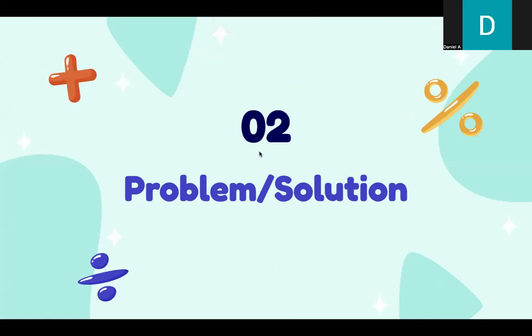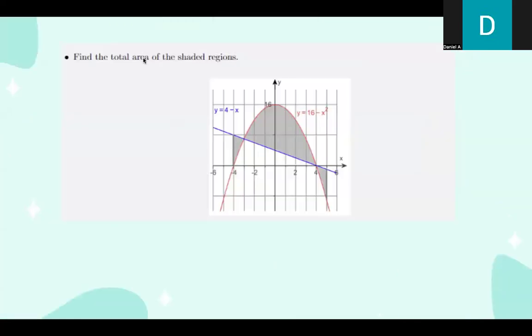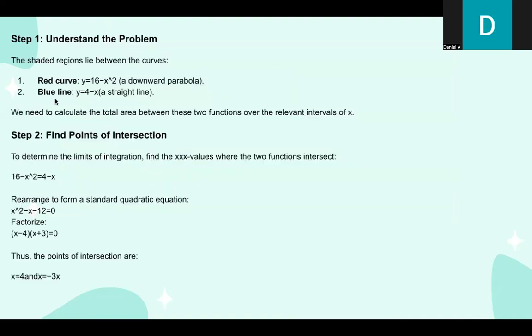All right, so the problem is to find the total area of the shaded regions. As you can see, it is right here, right here, right here. You've got some of these equations right here, so it gives us a little to work off. So, step one, we have to understand the problem.